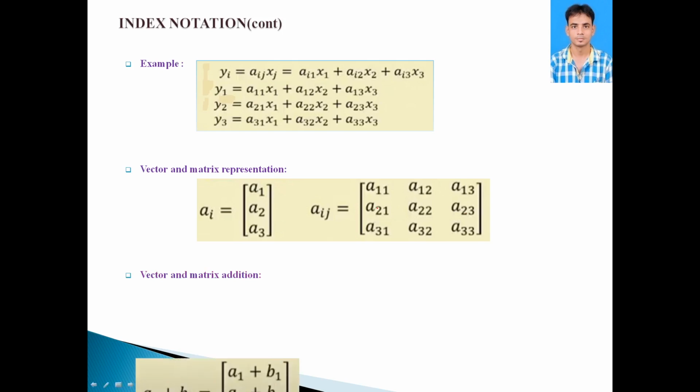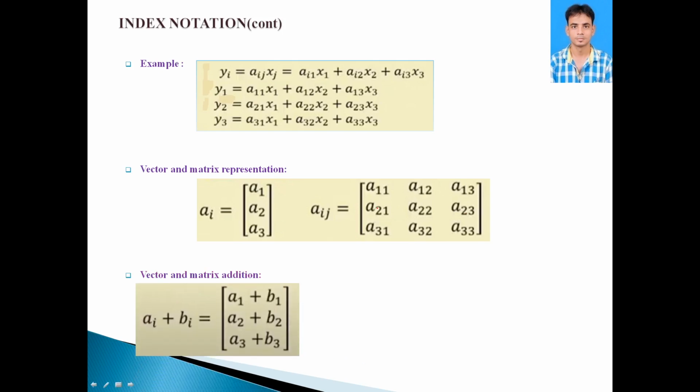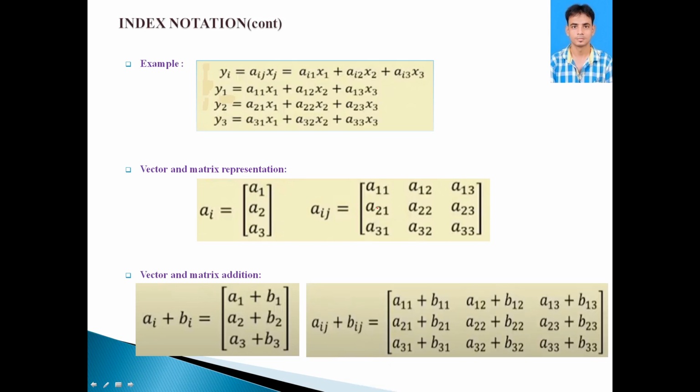Now vector and matrix addition. So ai plus bi, that means you have two vectors. If you sum up two vectors, the components are summed, that means a1 plus b1, a2 plus b2, a3 plus b3. Similarly, you can add two matrices also, aij plus bij.